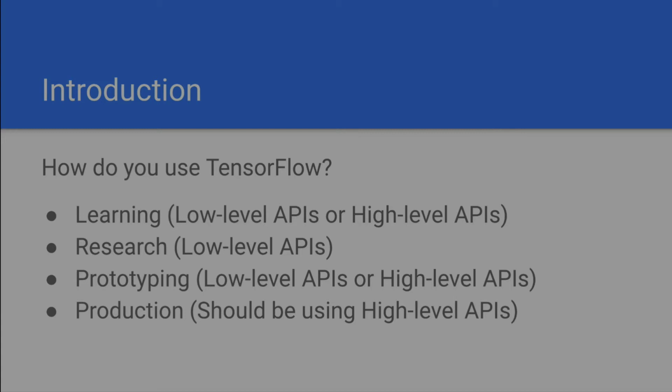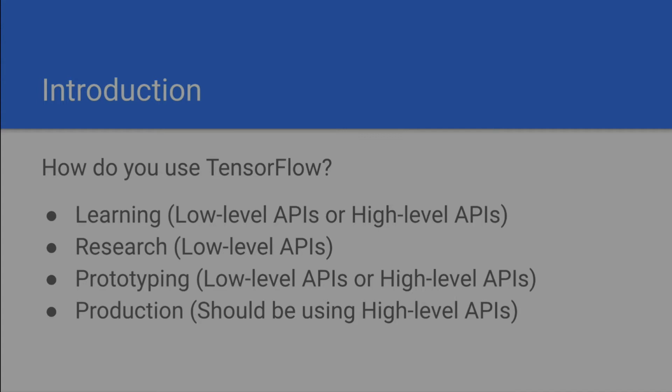Now, we're going to focus on TensorFlow in this talk. And when you make use of TensorFlow for training your models, it could be for any of a number of reasons. It could be simply because you're learning, or for research, or prototyping, or for production. TensorFlow itself provides both low-level and high-level APIs.